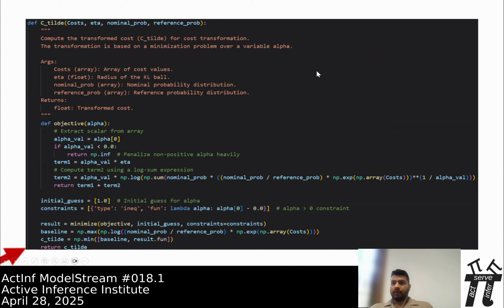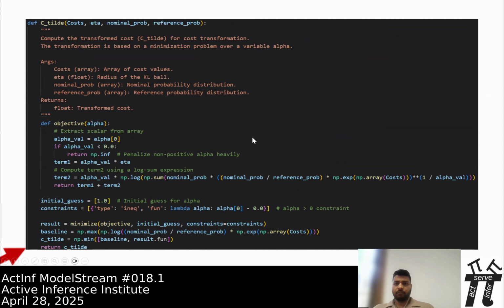So we want to minimize this objective function over alpha. We take the minimum value of this objective function, and we compare it against the baseline, which is computed by the maximization of this log exp of the cost. And the minimum value gives you c tilde.